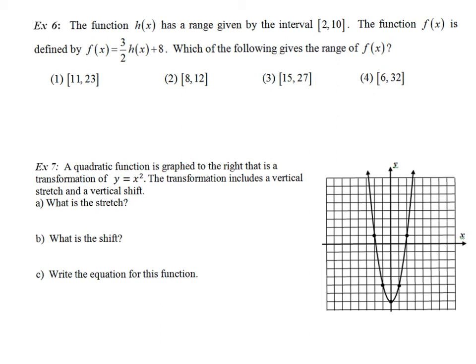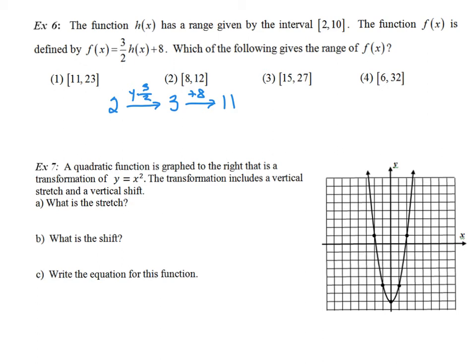So I'm going to take each of the y coordinates, or the range values, and I'm going to start with the number 2, and I'm going to say, okay, we want to first of all multiply by 3/2. So I'm taking the y value and multiplying by 3/2, and that's giving us a new y value of 3. But then we will do the transformation where we add 8 to the y value, so that's giving me a new y value of 11.